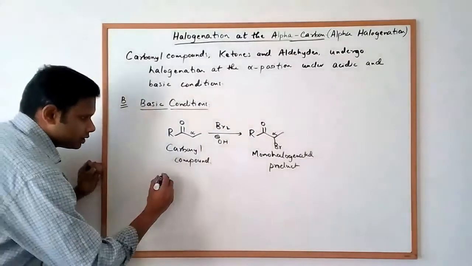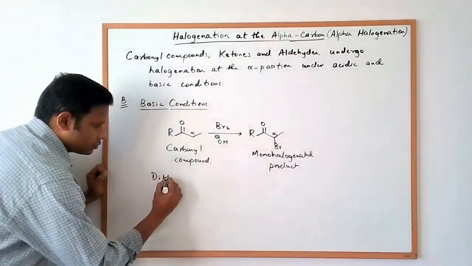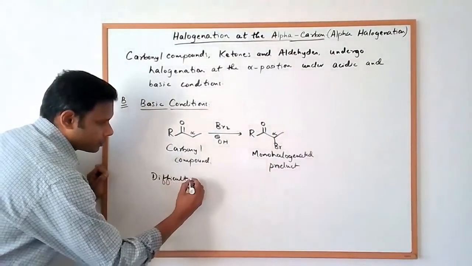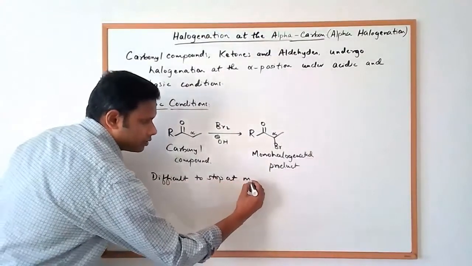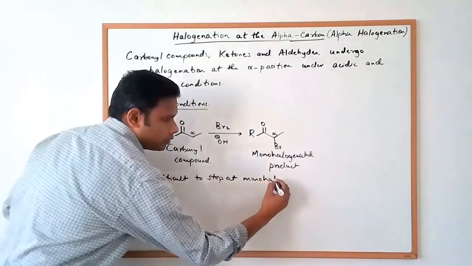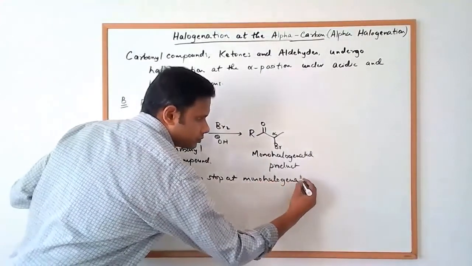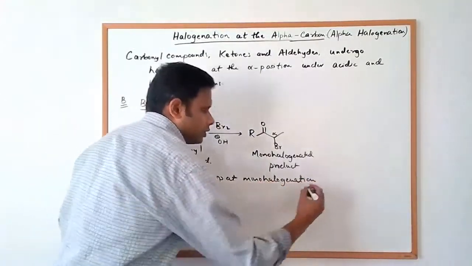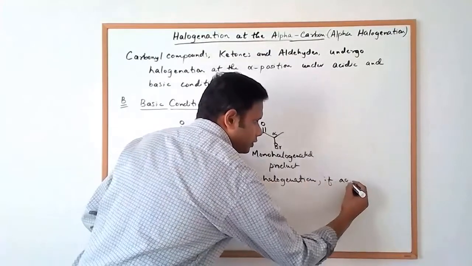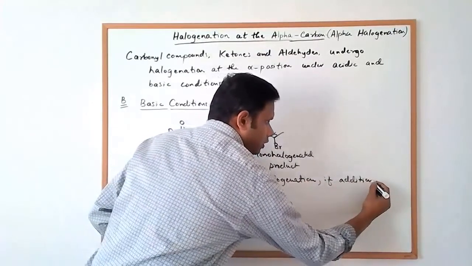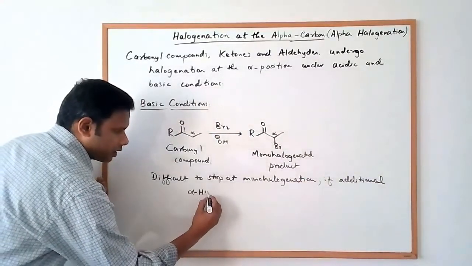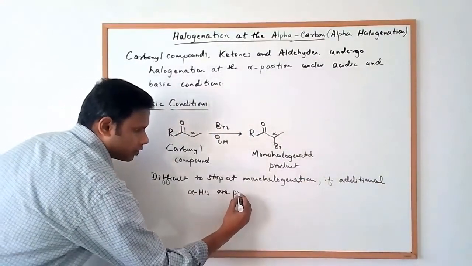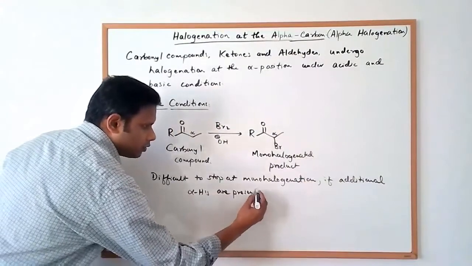Okay, so it is difficult to stop at monohalogenation if additional alpha hydrogens are present.